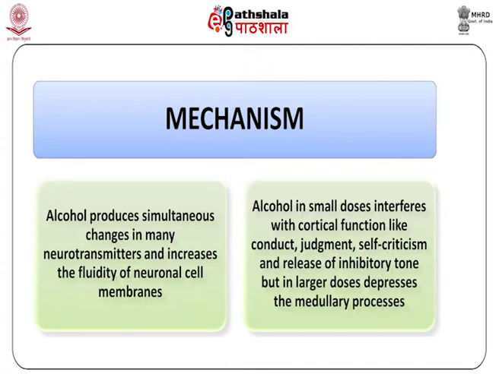Alcohol in small doses interferes with cortical functions like conduct, judgment, self-criticism and release of the inhibitory tone, but in larger doses depresses the medullary processes. Alcohol intoxication is also called acute alcohol poisoning or inebriation.